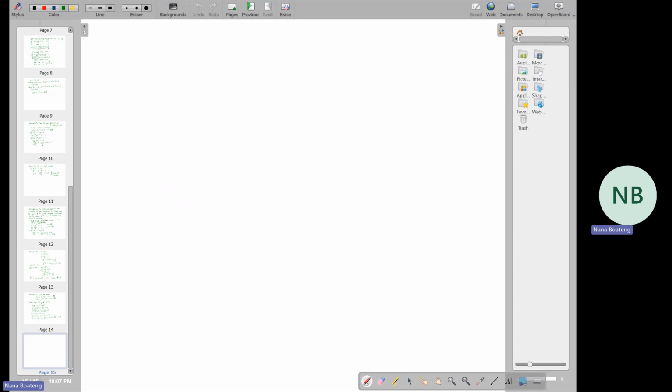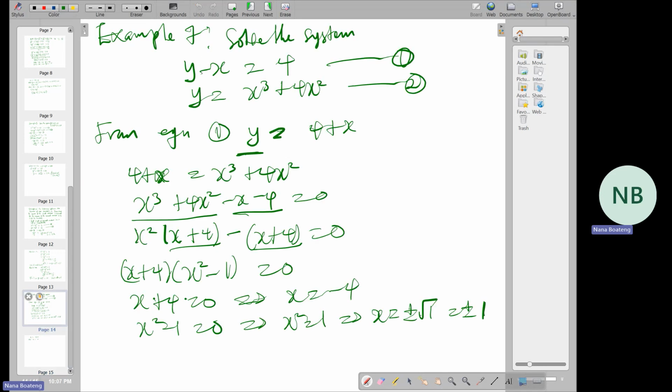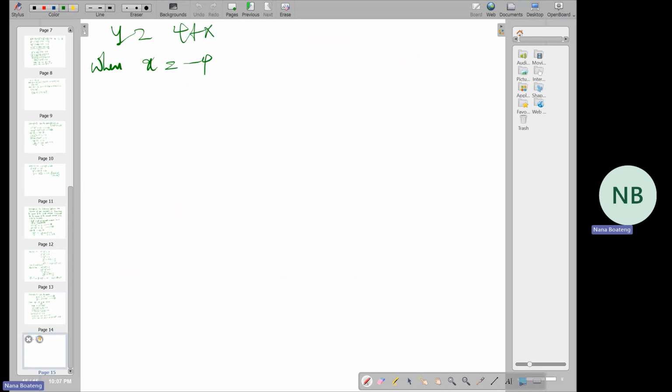So our first equation, we said y is equal to 4 plus x. So when x is equal to negative 4, like we found, we will have y is equal to 4 minus 4 equal to 0.